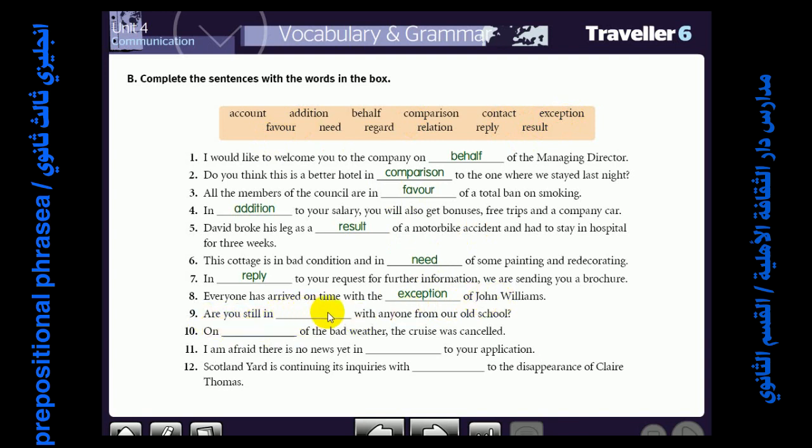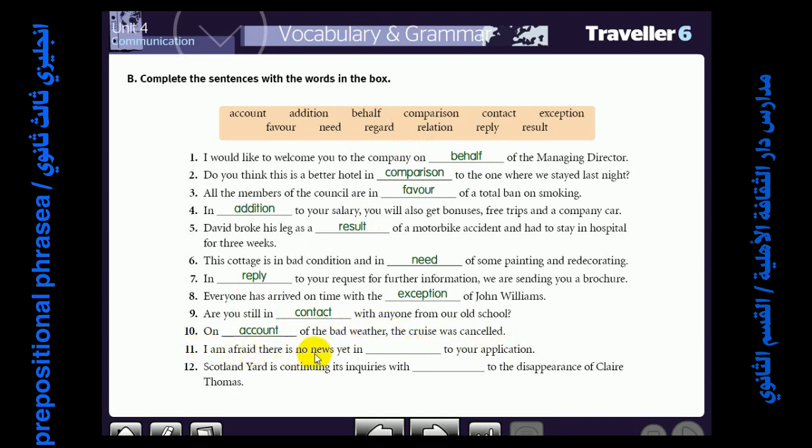Are you still in contact with anyone from our old school? Yes, in contact with. في تواصل مع. In contact with. On account of the bad weather, as I said before, on behalf of, on account of the bad weather, بسبب الجو السيء, the cruise was cancelled. ألغيت الكروز.